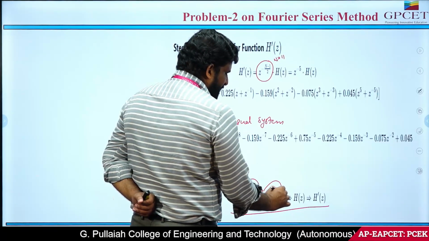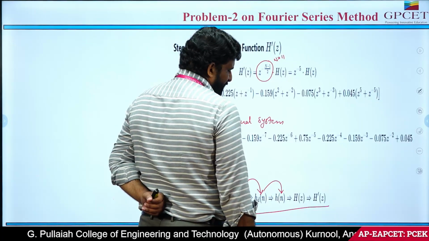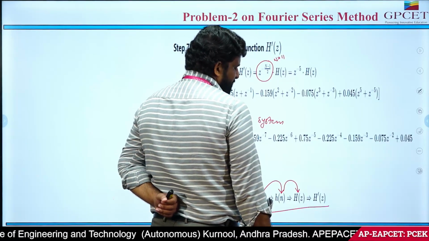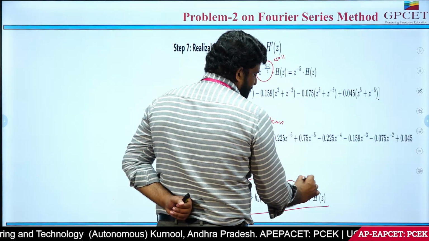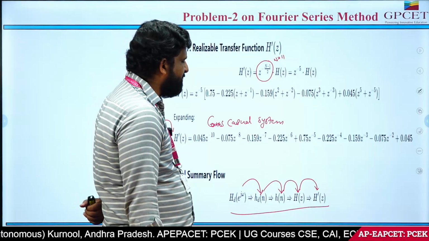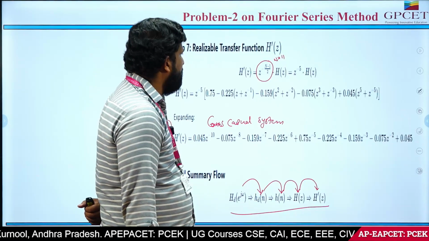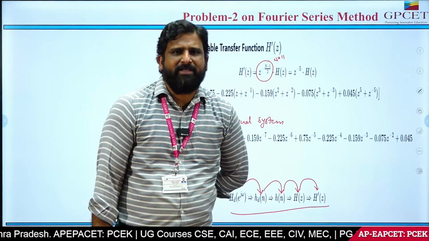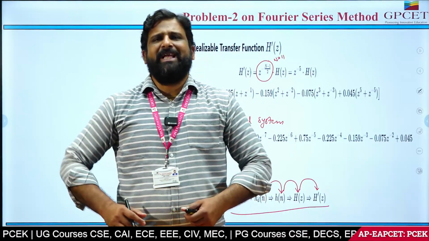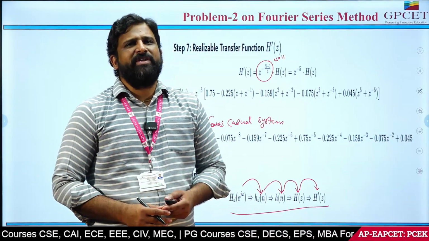From this hd of n, we found the truncated h of n. After getting this truncated h of n, h of z is formed, which is converted into h inverse of z, which can finally be realized easily. So this is all about the Fourier series method, that is, how a finite impulse response can be designed by using the Fourier series method.